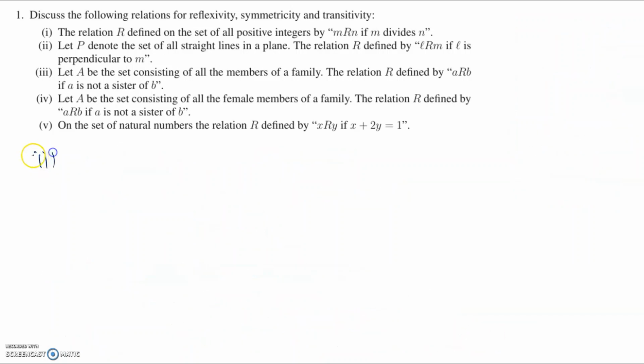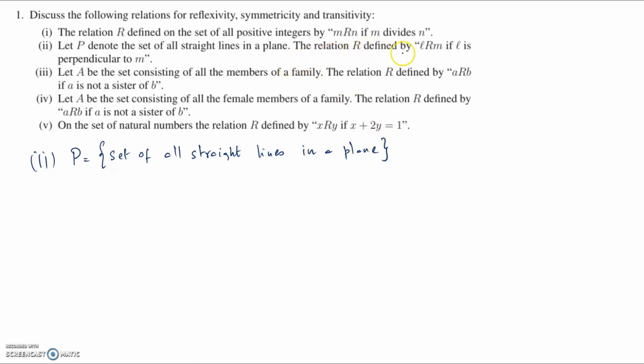Question number 2. Now, let P denote the set of all straight lines in a plane. So let's say P is equal to the set of all straight lines in a plane.